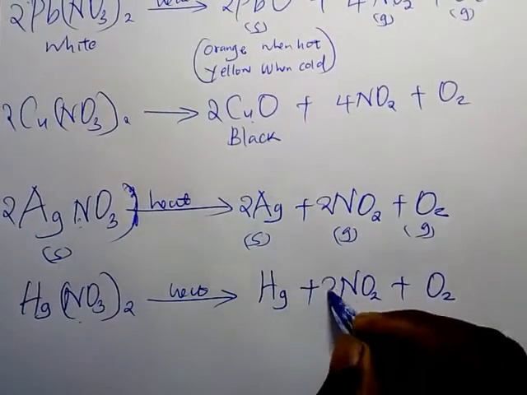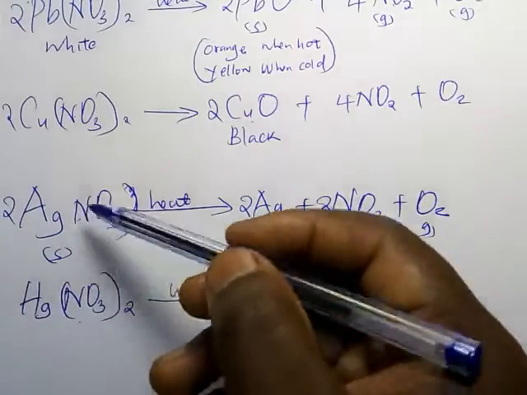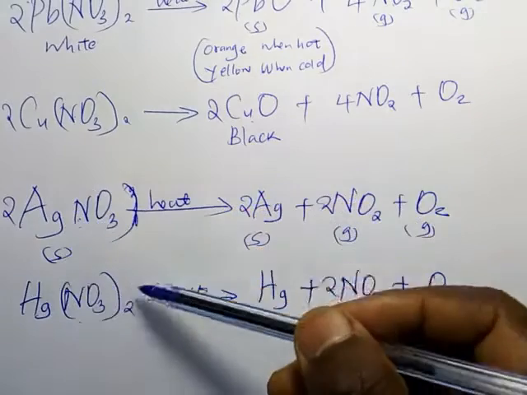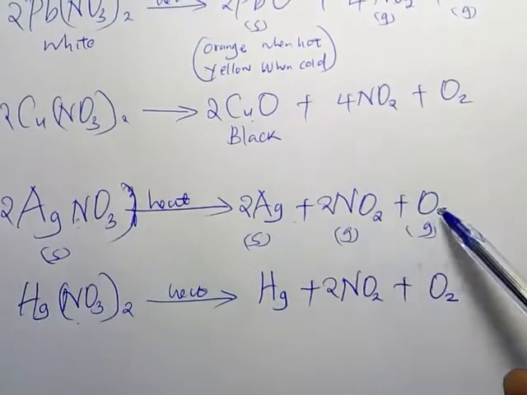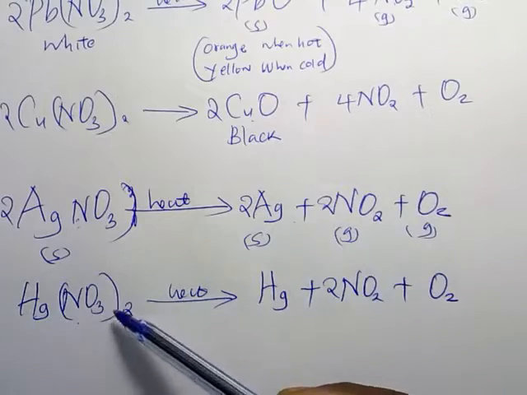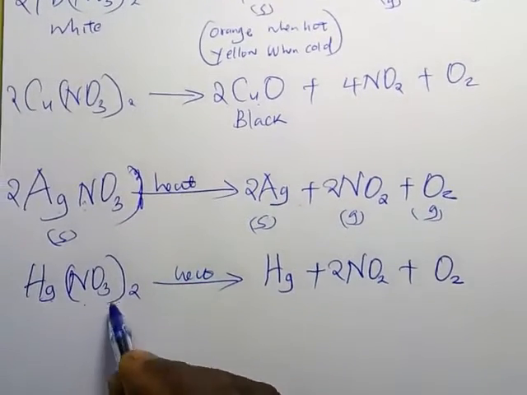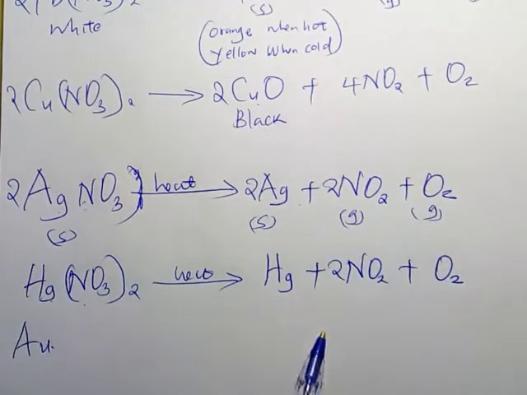It is important to know that metals below down there in the reactivity series, when they decompose, form their respective metal, nitrogen 4 oxide and oxygen. They are only three actually. It is silver, mercury, and gold. Gold is Au. So you should know that.